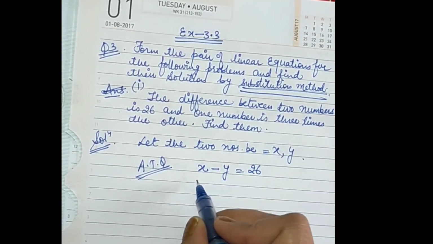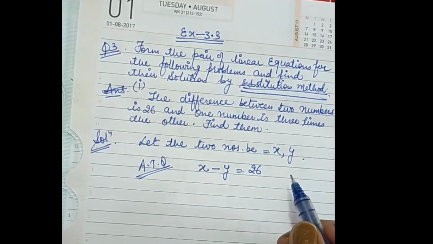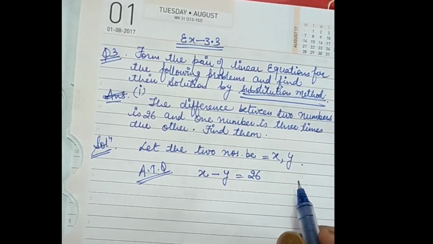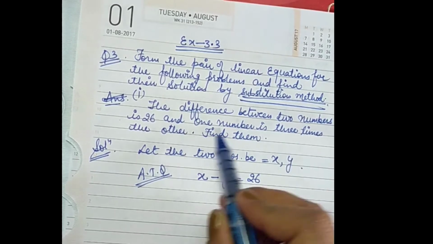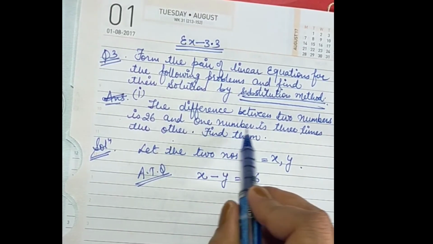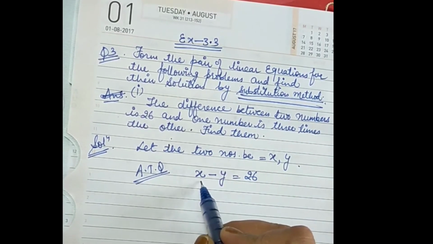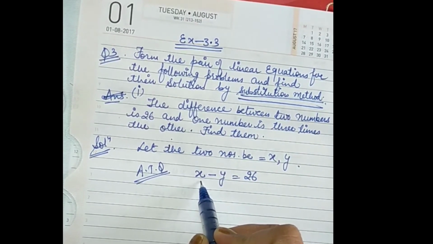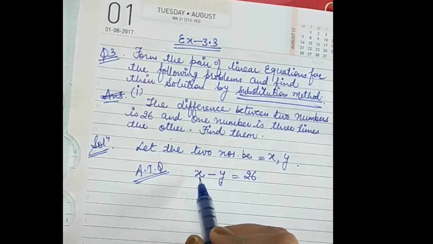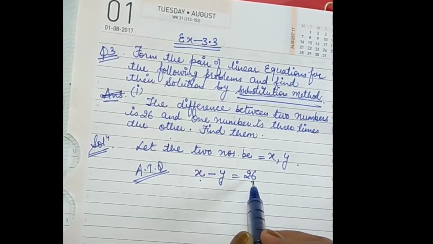It can be written as y - x as well, because we don't know which number is the bigger one. One number is 3 times the other. Now this statement will judge which number is greater. We have taken x to be the greater one because after subtracting y from x we are getting a positive 26.